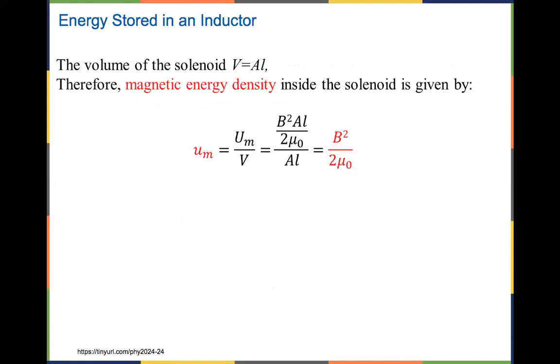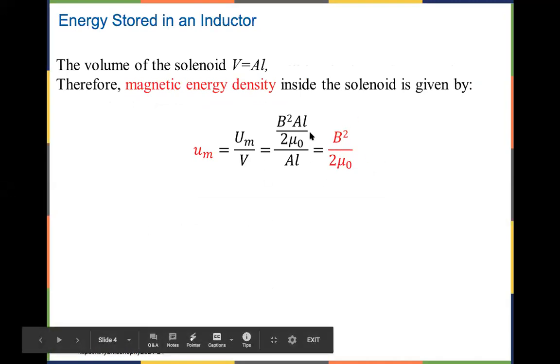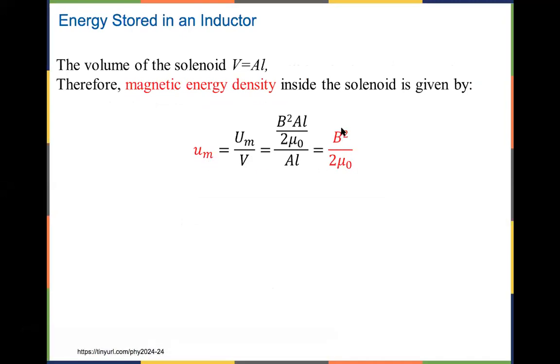So the energy density stored is expressed in this expression: it is proportional to the magnetic field squared, divided by a constant. Similar to the electric field, the energy stored in the electric field is also proportional to the electric field strength squared, times a constant in that case as well.